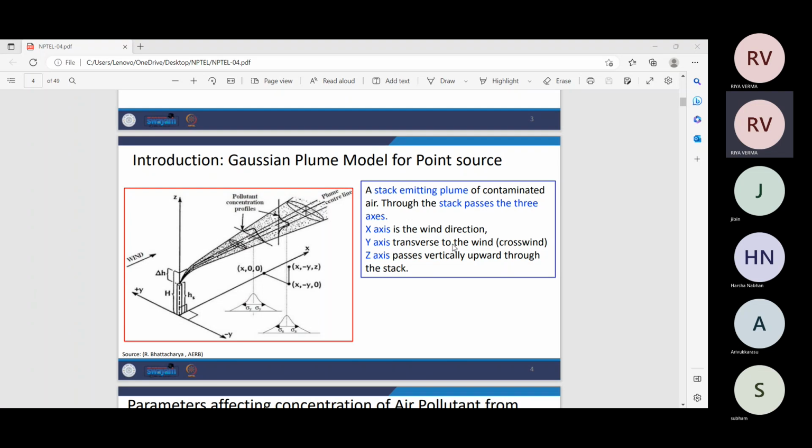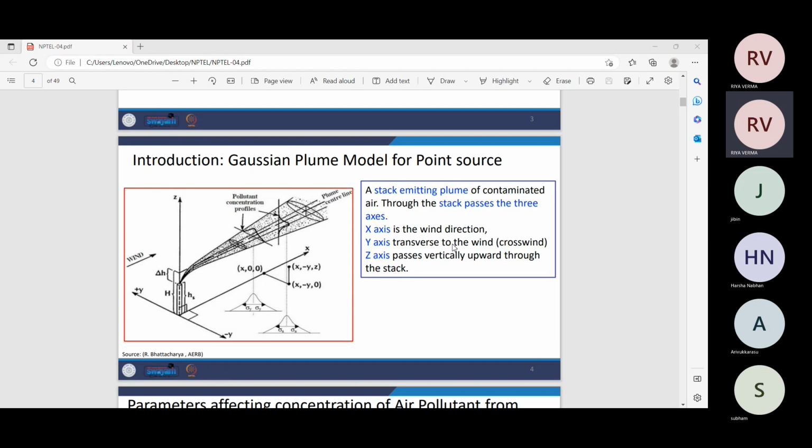So initially, what is a point source? A point source is a source of pollutant which is concentrated at a specific point in space, as we say, it has some specific coordinates.